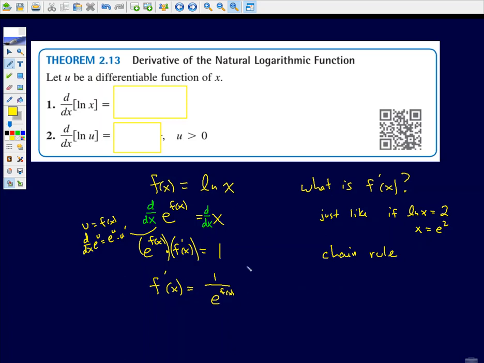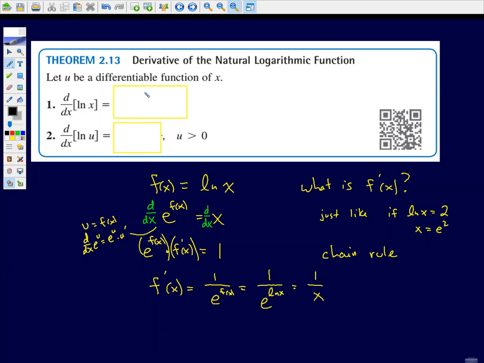I remember back at the beginning that f of x was the logarithm function, right? And that meant that this is 1 over e to the ln x, and that identity is x. So my derivative at the end, f prime of x is 1 over x.